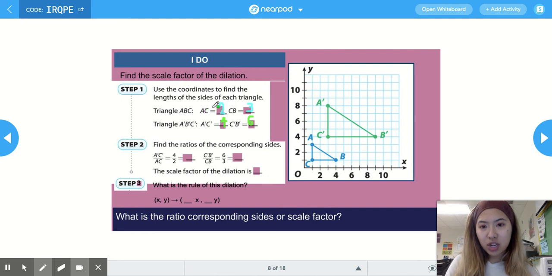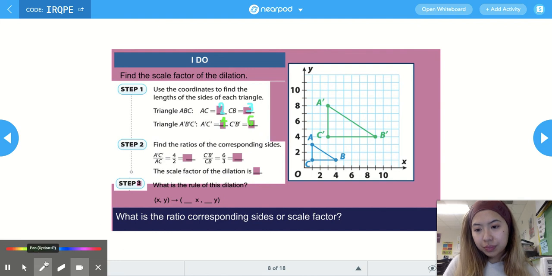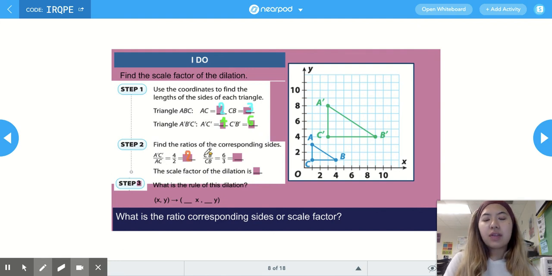The pre-image A to C was 2. 4 divided by 2 is 2. Then for dilated C to B, we have 6. For pre-image, or original image, C to B, we have 3. 6 divided by 3 is 2. So the scale factor of the dilation is 2. And our rule is going to be x comma y to 2x comma 2y.